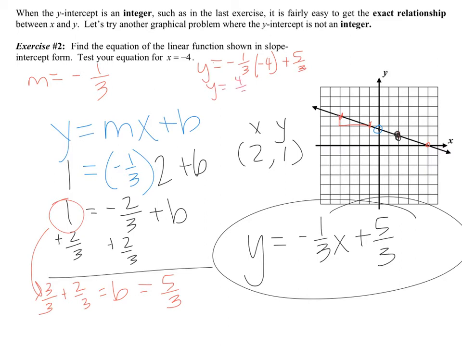So 4/3 plus 5/3, because 4 times 1 is 4. 4 plus 5 is 9, so now it becomes 9/3, which is 3. So when x is -4, y is 3. You see that right here on your coordinate grid that when x is -4, y is 3.